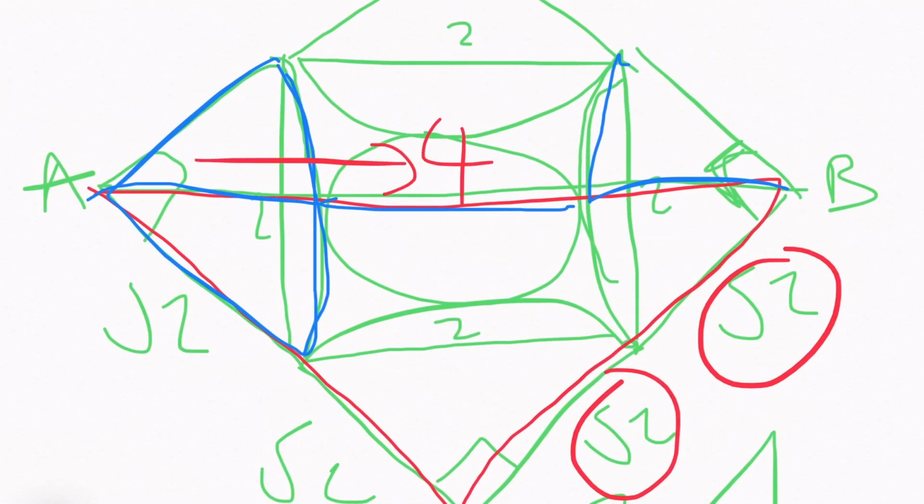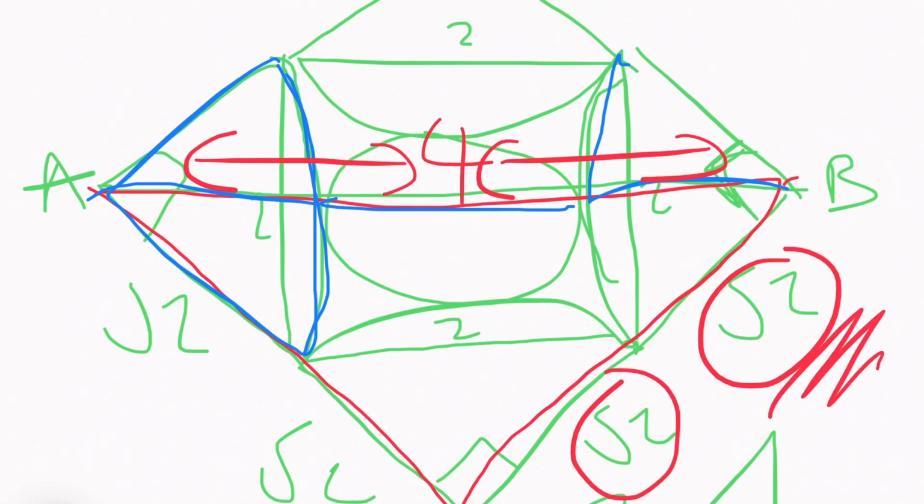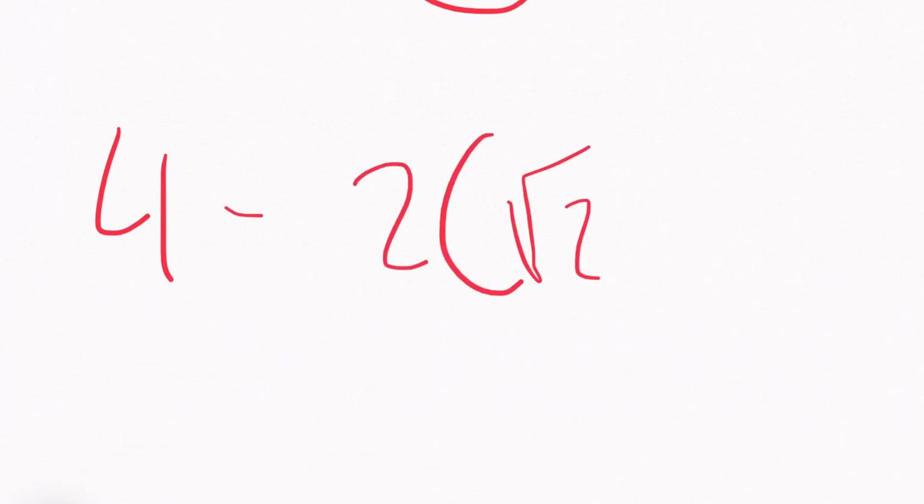So from there and there, if that's 4, and then we have our radiuses, which we know are root 2, from B to the outer circumference and from A to the outer circumference, then we can just do 4 minus 2 lots of root 2, which would be the diameter of our circle.